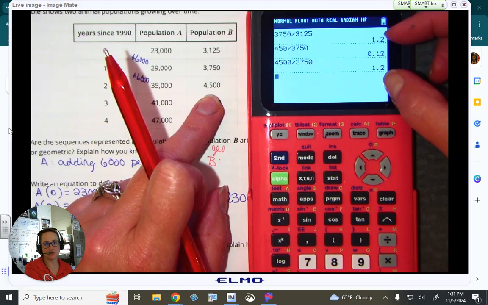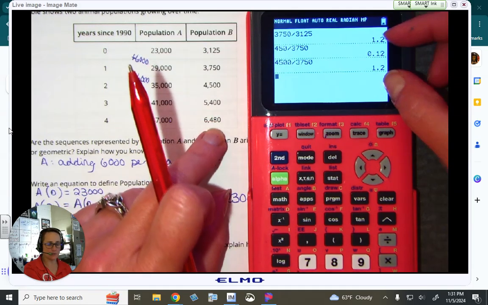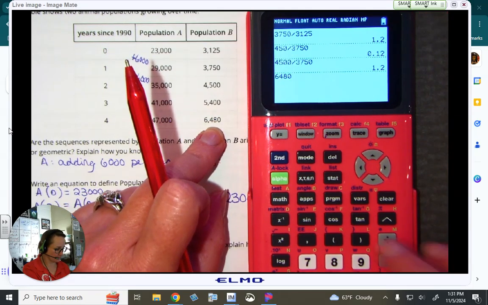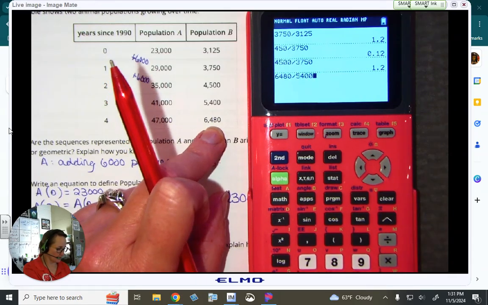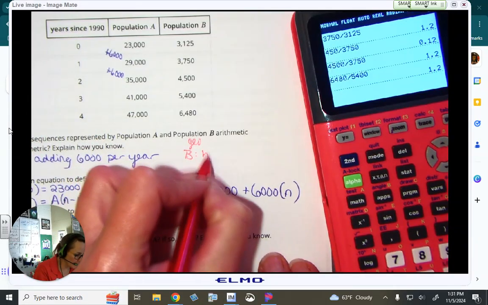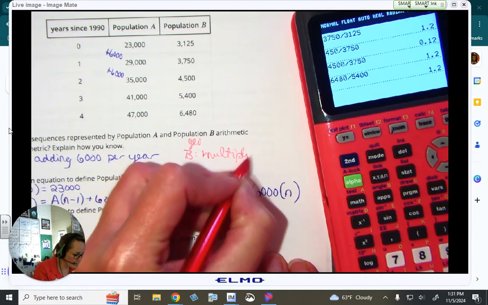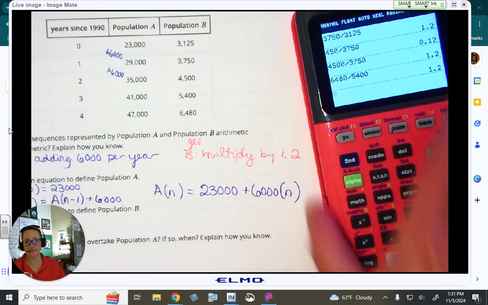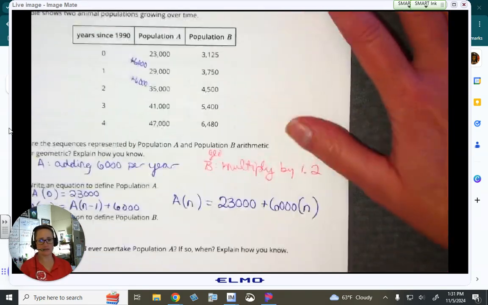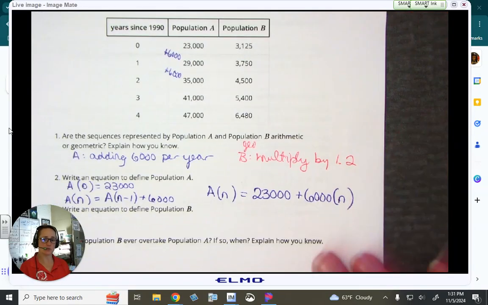There's that 1.2 again. So every single one of these, if I divide it by the term before it, I get 1.2. So it is multiplying by 1.2. So it's growing by 20%. If I think about what they asked us in the top, it's growing by 20%.